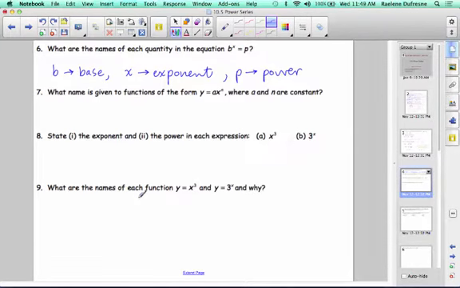Number 7 asks, what name is given to functions of the form y equals a times x to the n, where a and n are constant? That means that the variable is x, and since the variable is located in the base, we have a power function.